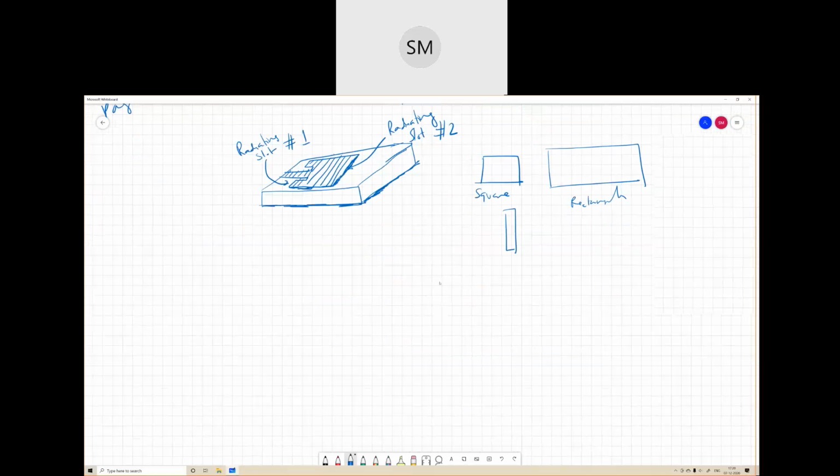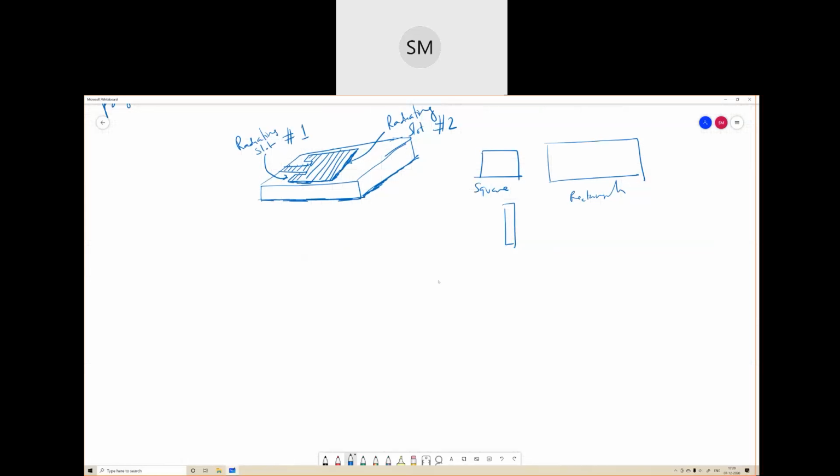See, the typical field distribution in any microstrip line typically looks like this. Again, seeing from the front. This is the dielectric with dielectric constant of epsilon r.